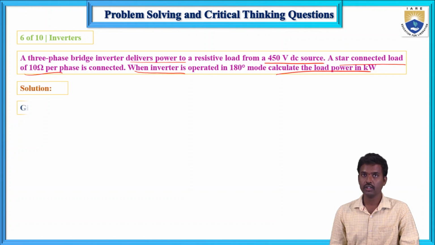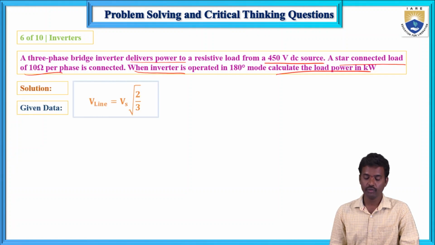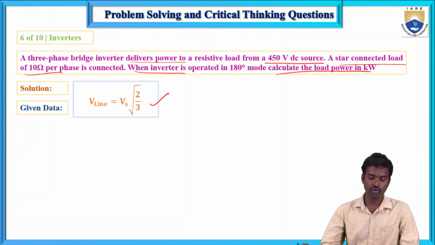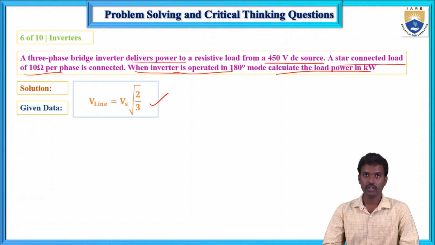So now there is a formula for line voltage. There are two voltages in the 3-phase, line voltage and phase voltage. We know the line voltage and phase voltage relation in 3-phase circuits. Same thing here. First, the line voltage formula from the 180 degrees mode 3-phase bridge inverter.